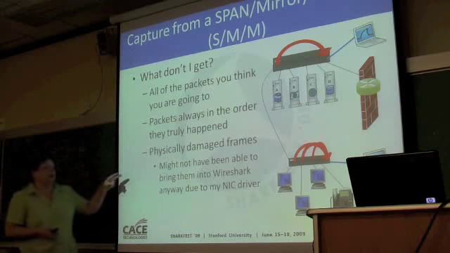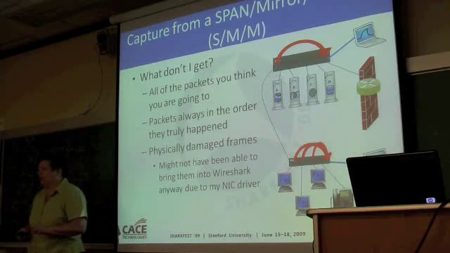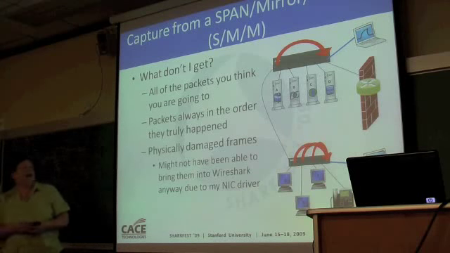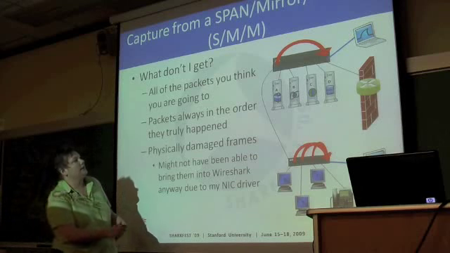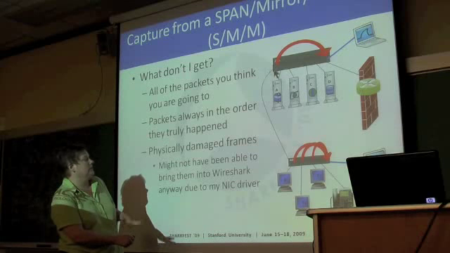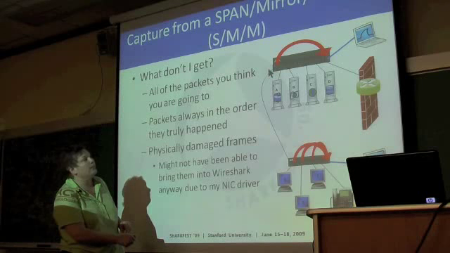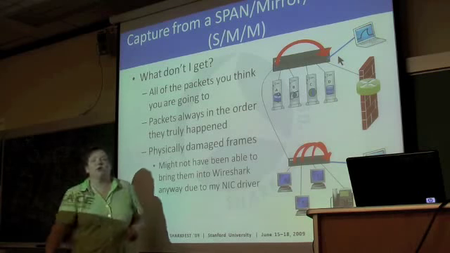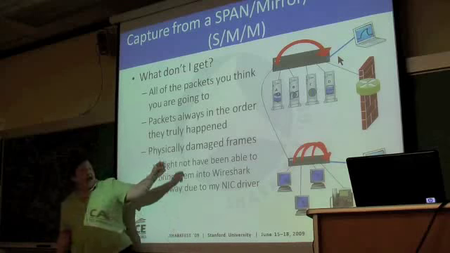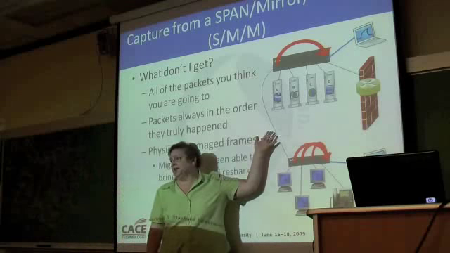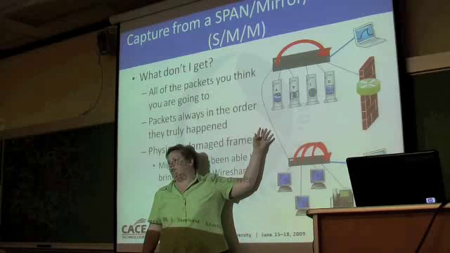I also am not going to get physically damaged frames. Because if I ask this switch to make a copy of every single packet coming in and out of that port over to my analyzer, over to Wireshark, if packets are flying by, and let's say we've got an issue on this cable, a good old-fashioned physical problem.